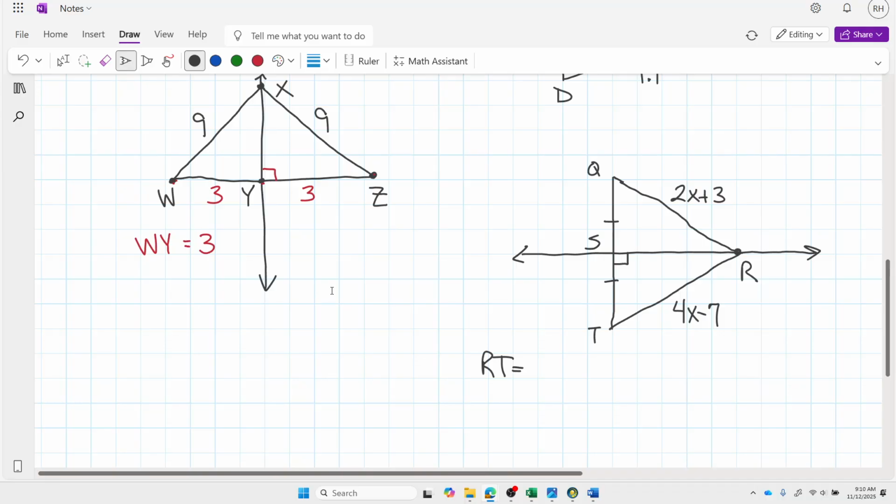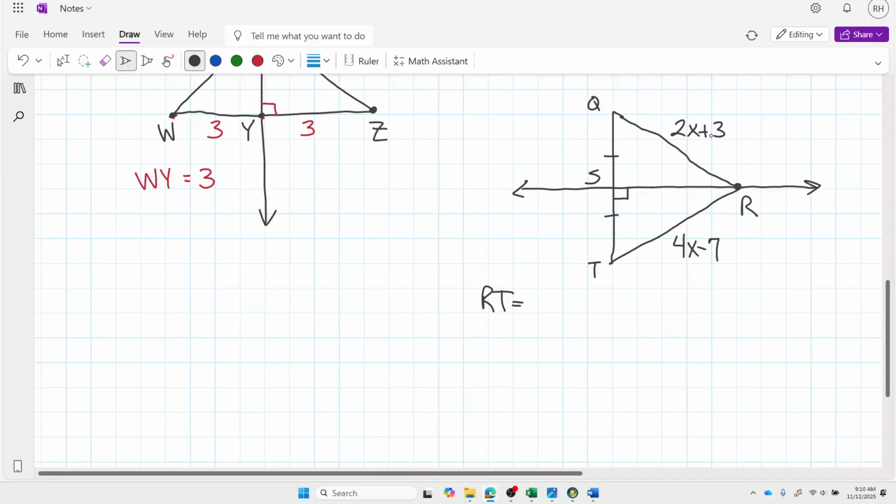So in order to find RT, you need to solve for x first. So your equation is going to be 2x plus 3 is equal to 4x minus 7. So I would subtract 2x from each side first. And 3 would be equal to 2x minus 7. Add 7 to each side.